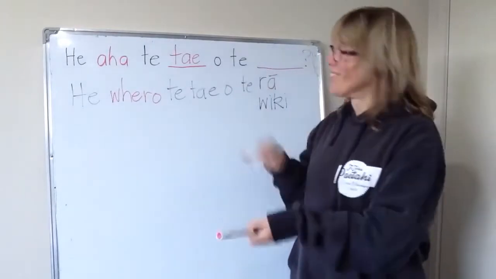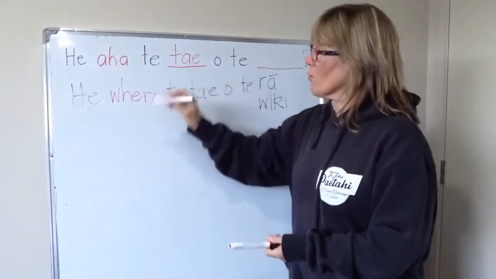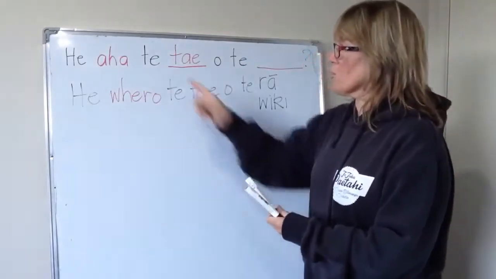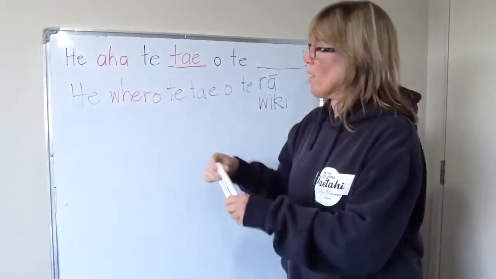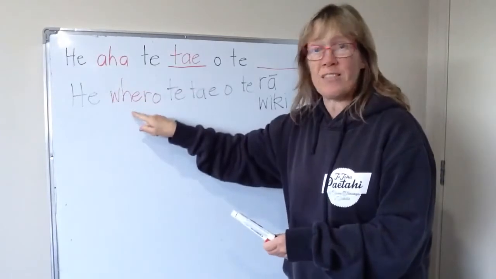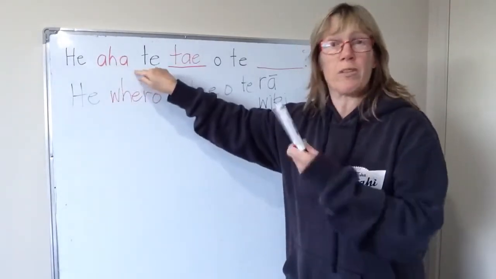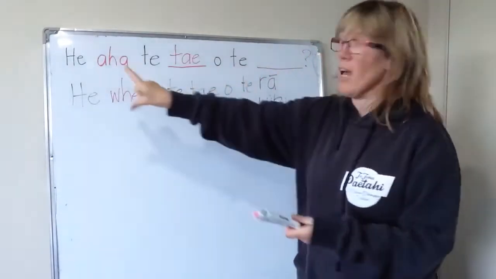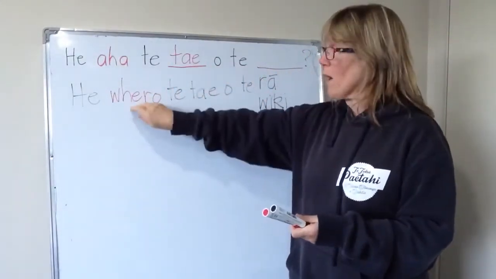Kōwhai. So focusing on whatever the thing is that you want to do there. So this always turns into the answer, whatever the what is, whether it's colour or whatever. And the sentence structure is exactly the same all the way through apart from that.